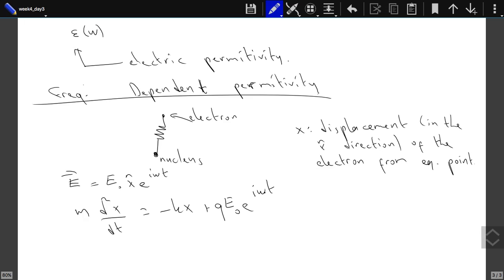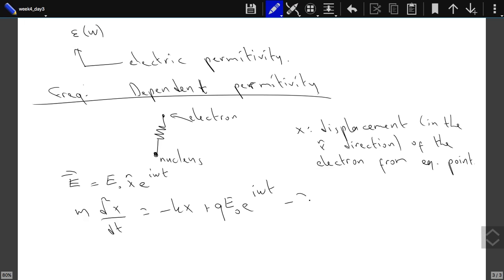Since at the equilibrium there is no force, this is just a spring force. And there is this external force. Let's just put q, which is the charge of the electron, times E0 e to the power i omega t.